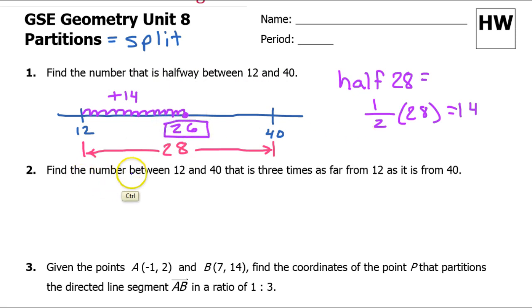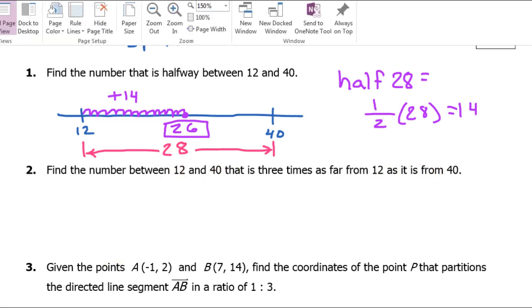Find the number between 12 and 40 that is 3 times as far from 12 as it is from 40. Let's start off with the same picture.